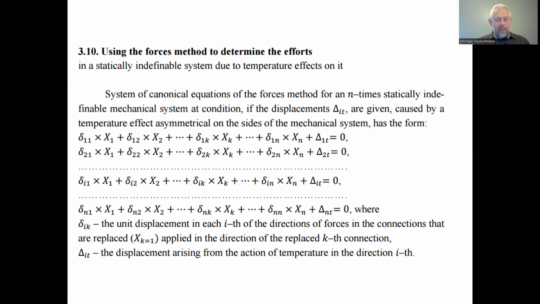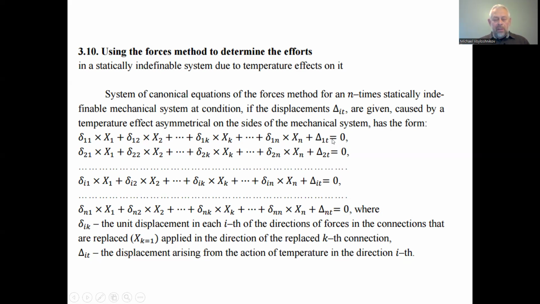So combining all displacements and directions of all forces acting on the mechanical system, the forces x1, x2, etc., xn are the unknown variables to find, and the displacements are impacted by this set of forces.